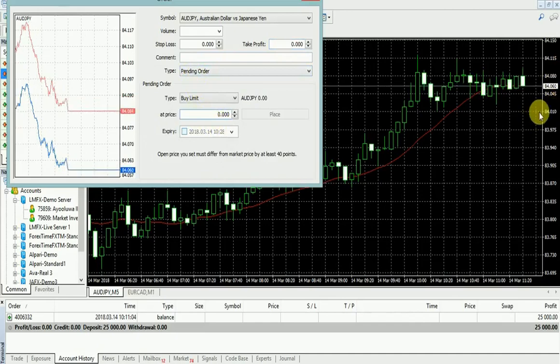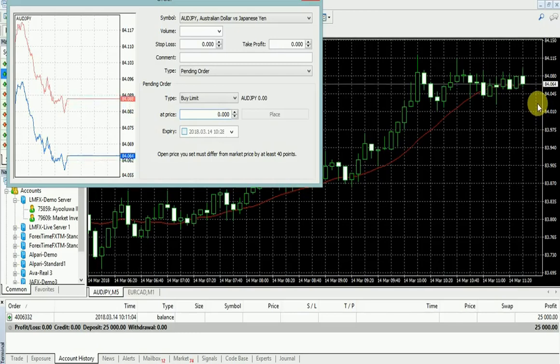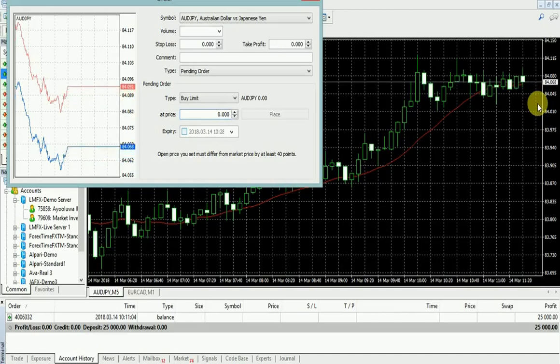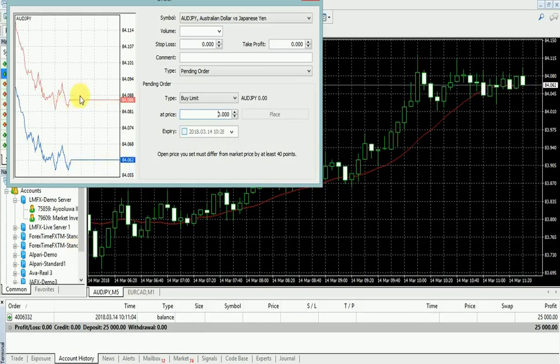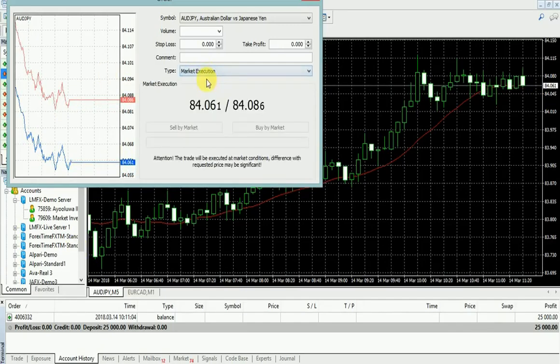So a pending order is meant for future trades. You may not be there, you can just say that when it reaches here, I believe the market will go back up, so you buy. So a pending order is just meant to happen in the future, not instantaneously, while market execution means that as soon as you are selling or buying, the trade gets executed.